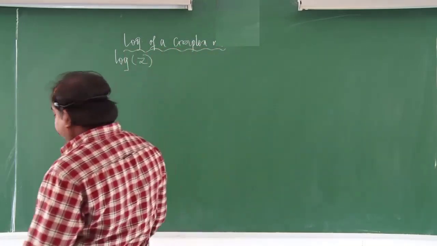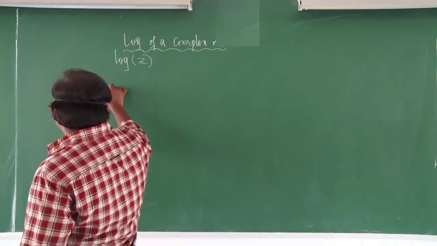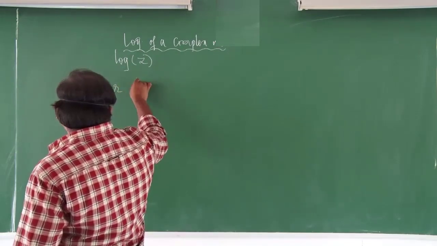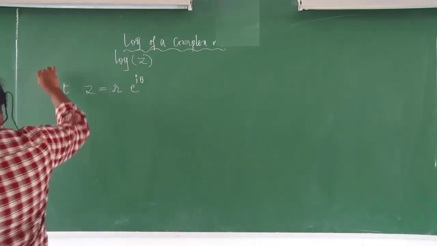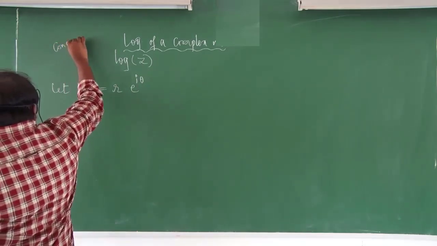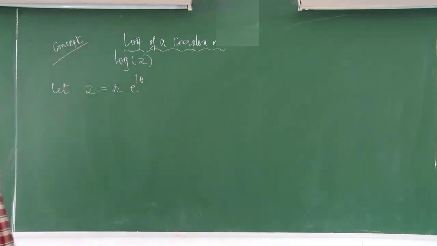For example, z is equal to r into e power i theta. Let's take this. This is the next concept, from the competitive point of view. If you take z equal to r into e power i theta.